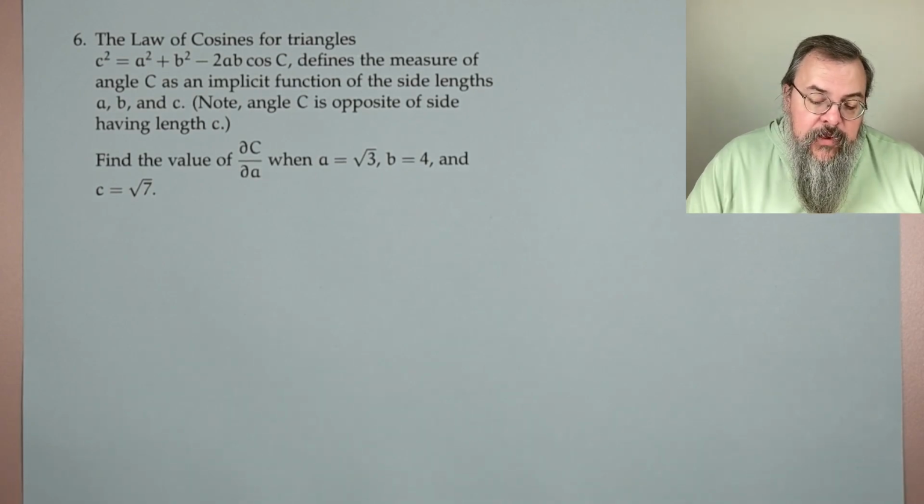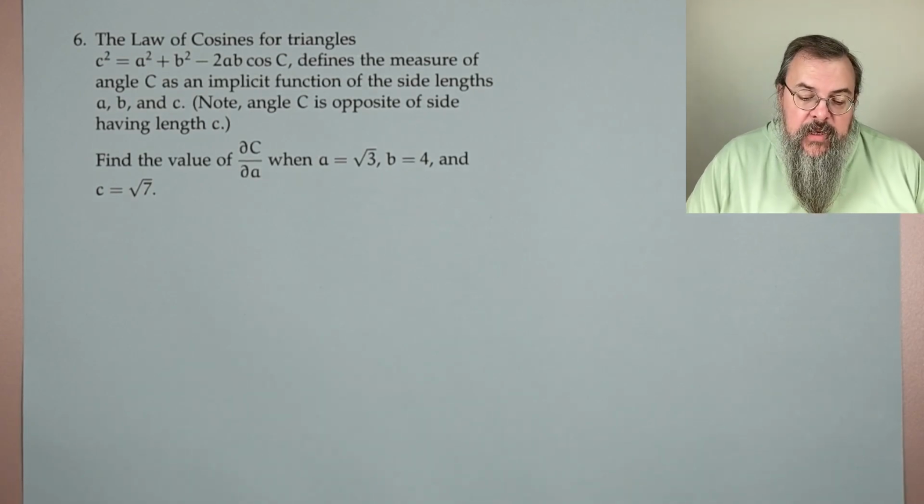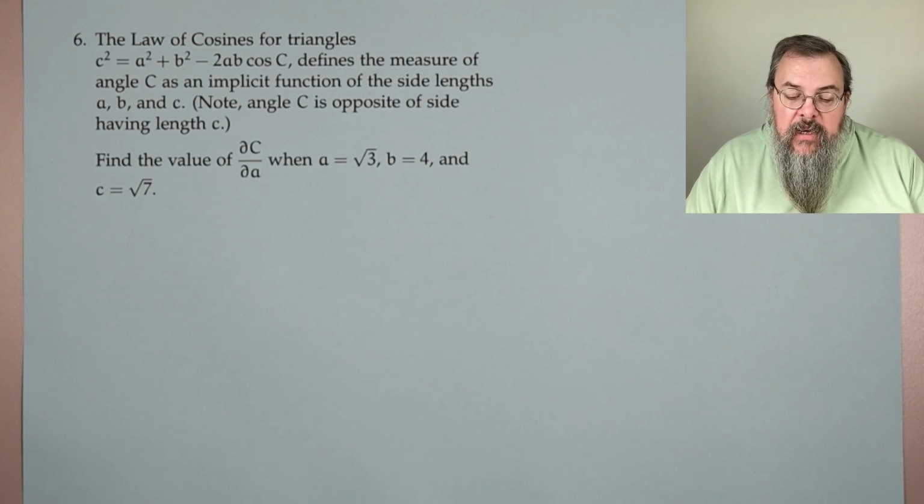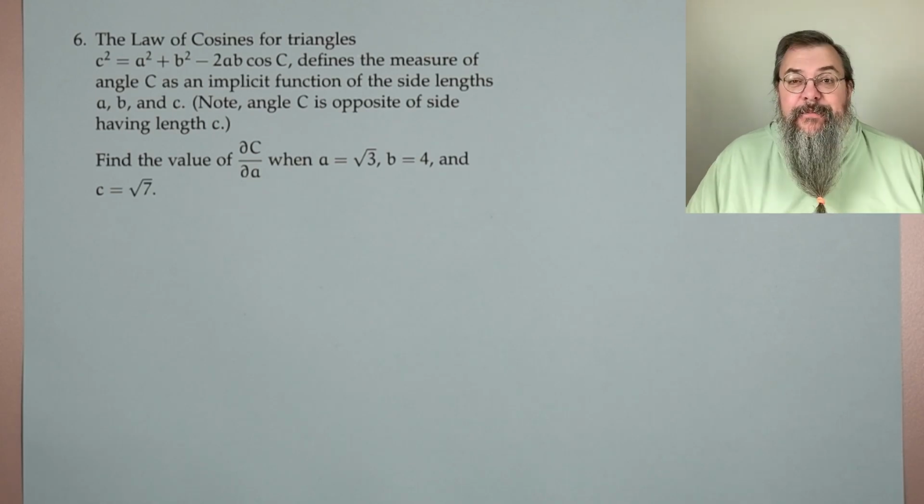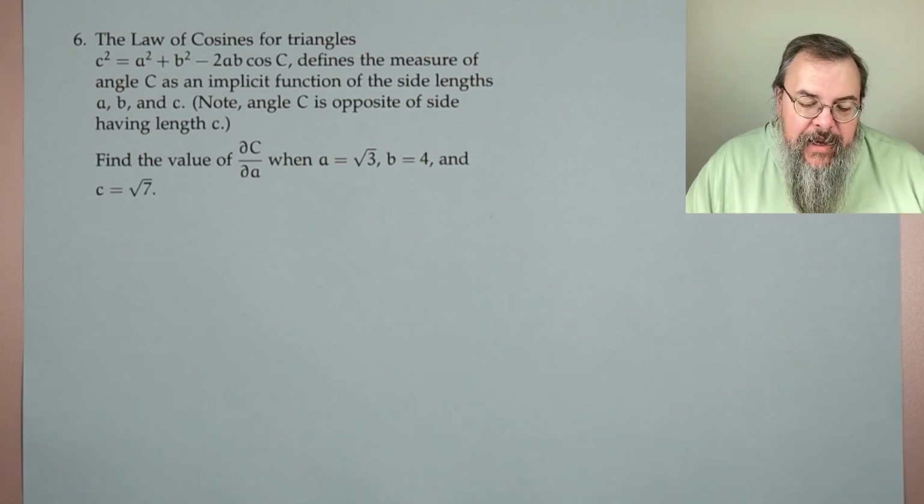Now, here's the thing. We have a relationship, and we're thinking of C as an implicit function of the side lengths a, b, and c. Actually, you can make it an explicit function pretty quickly, but whatever. So what's the great idea?